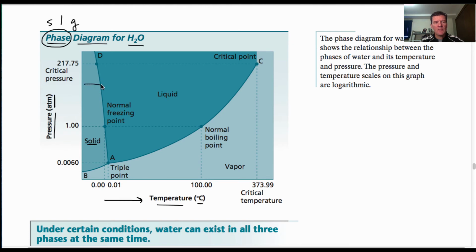As we go from left to right, we go from solid, then we turn into a liquid, which makes sense as you raise the temperature. And then eventually, if the temperature gets really high, you'll turn into a gas, which is the vapor here. So we have 3 particular regions: solid, liquid, and gas. And you'll notice that when you move, for the most part, from left to right, you're going from solid to liquid to gas, those different regions.